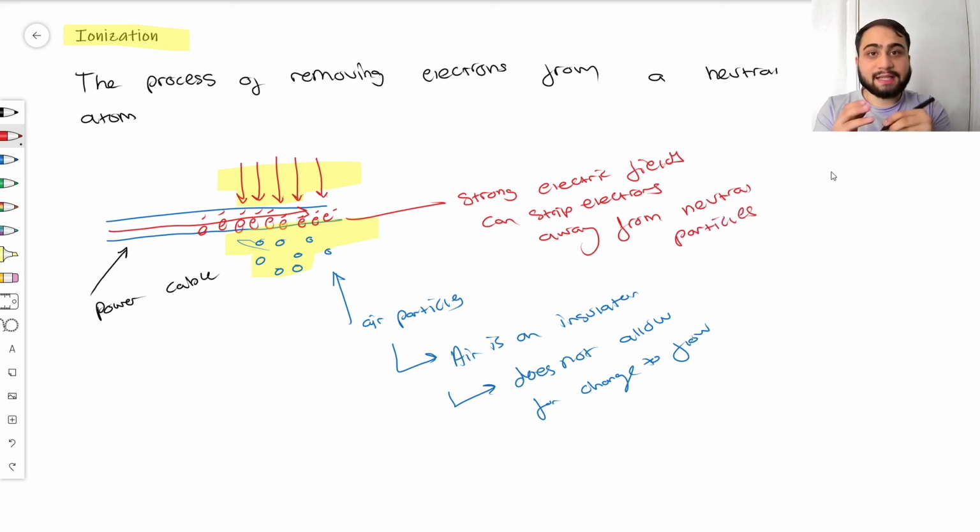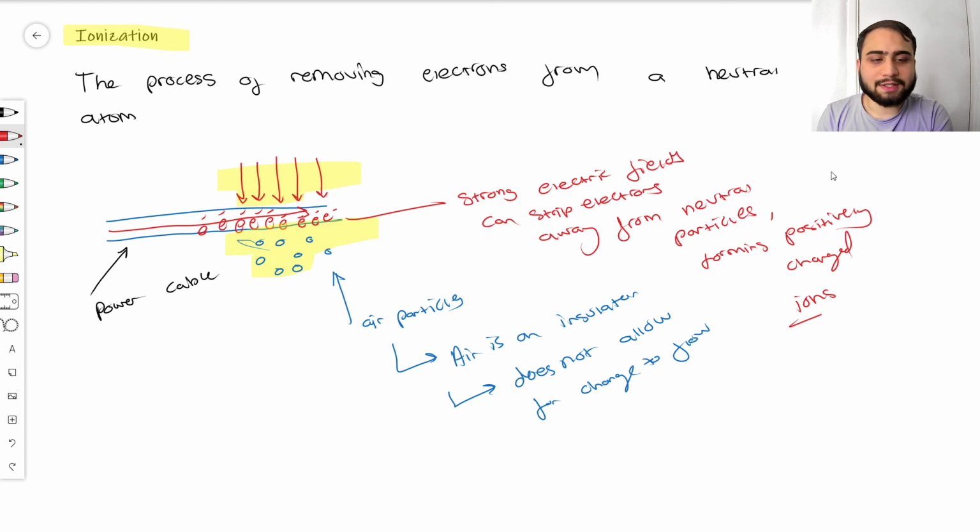Now remember, the absence of electrons means positively charged, so forming positively charged ions, right? That's why it's called ionization, because you're turning these neutral air particles into ions. Now these ions allow for the movement of charge.